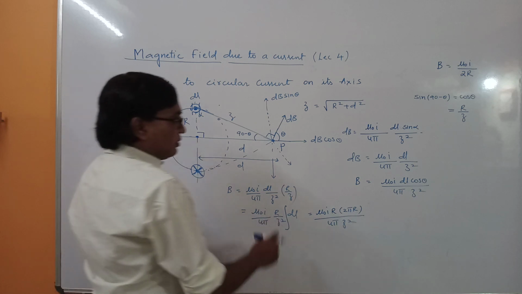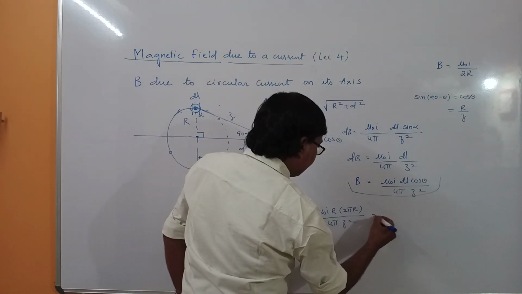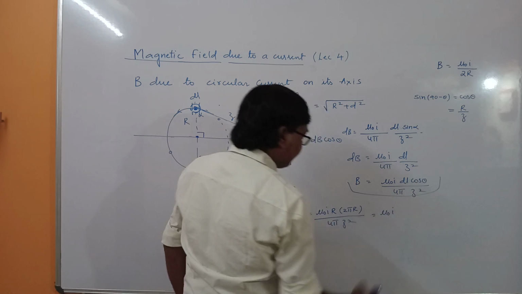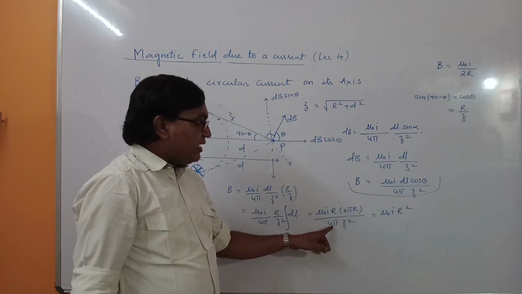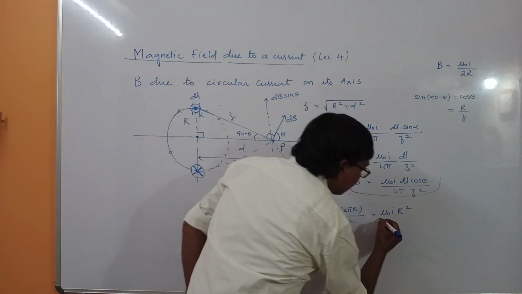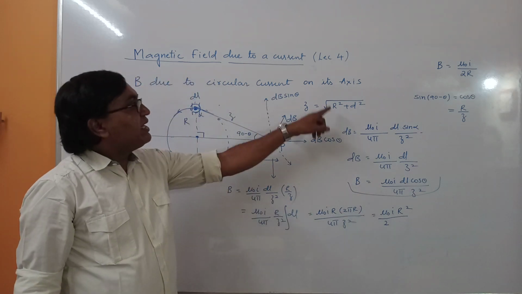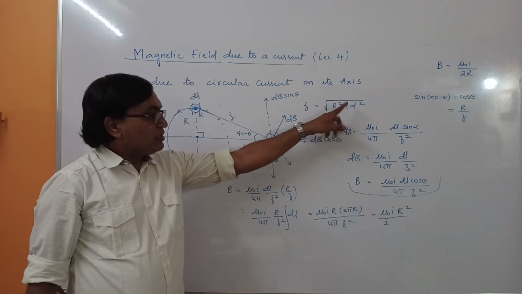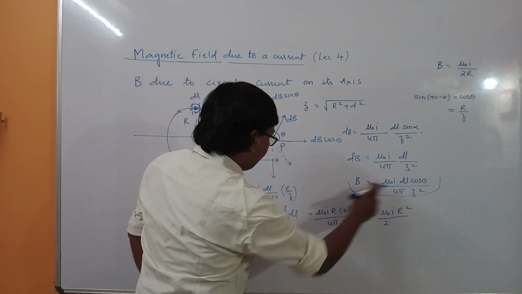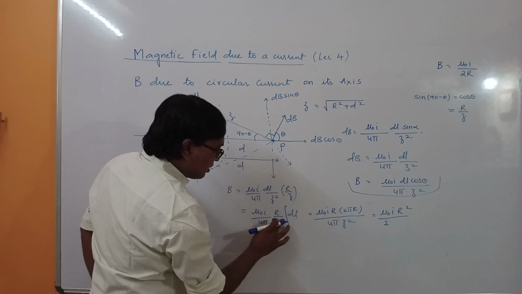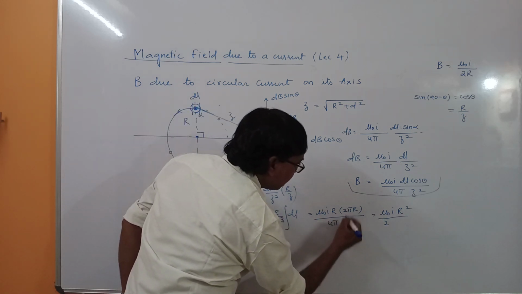Okay. So finally you will get mu naught I r square. Here 2 pi, here 4 pi, so 2 will remain, 2 z square. Now z is nothing but root of r square plus d square. So not z square, here we have z into z, so this will be z cube. Here z cube.